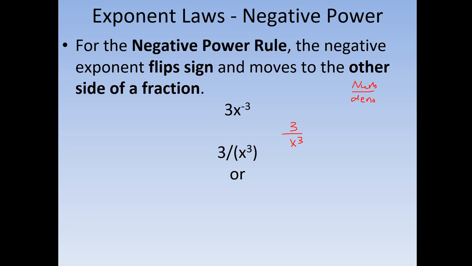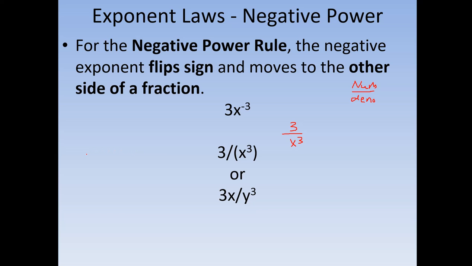Now, one of the things I said before was that this could also be affected by the negative power rule. Now, I know in a lot of math classes, they're fine with you leaving answers in fractions. So, again, this is not something that you have to do. But me personally, I always like having no division going on.